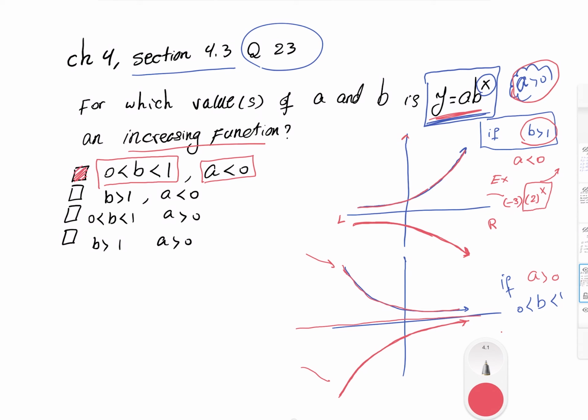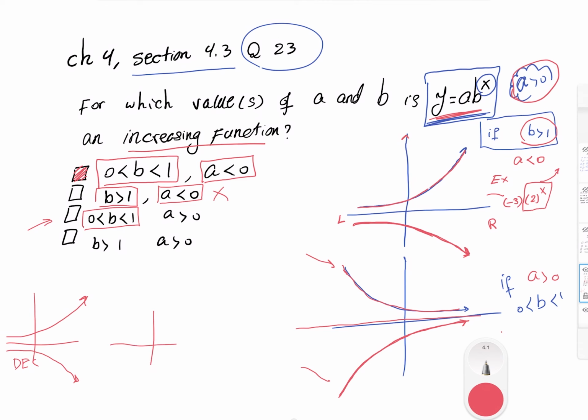The second one, they said b is greater than 1. That means the graph is going to go up like this. Then a is less than 0, that is negative, so we're gonna reflect it. The new graph is decreasing, so that's not good. Third one, we have b between 0 and 1.